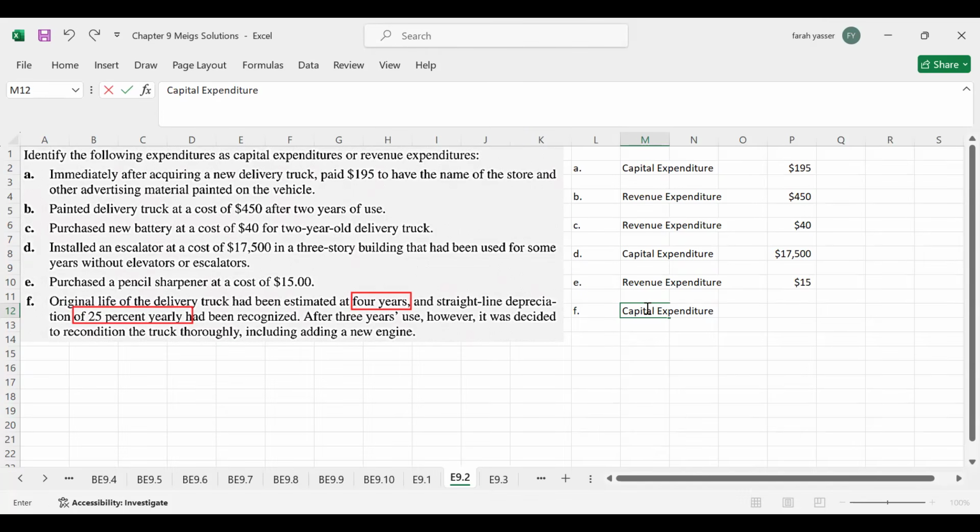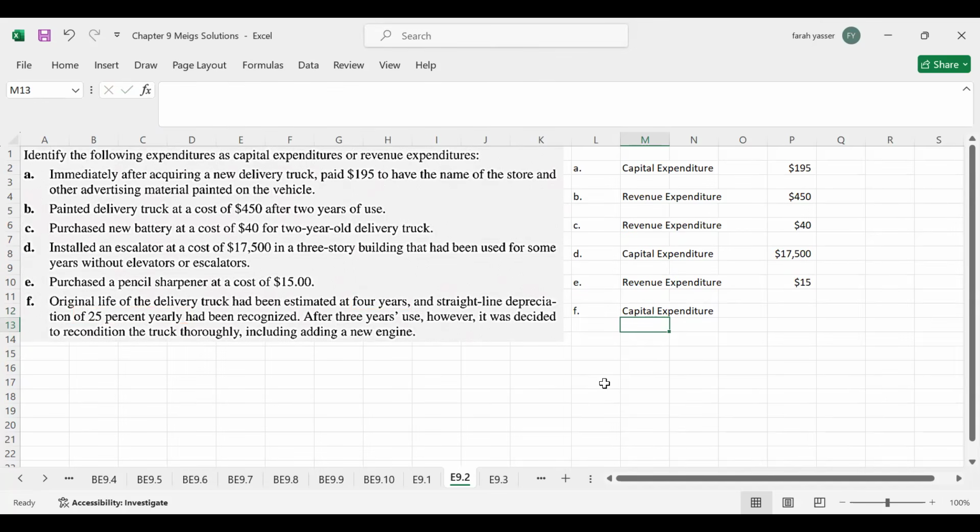New engine, adding a new engine or reconditioning the truck is basically an example of capital expenditure. So that's it. This example shows the difference between capital expenditure and revenue expenditure.